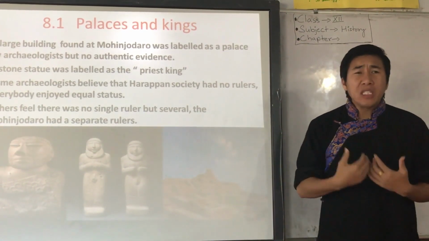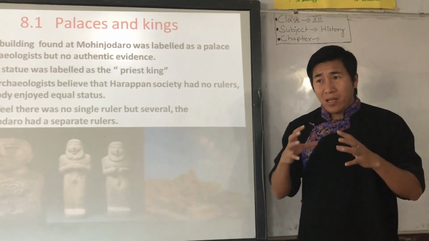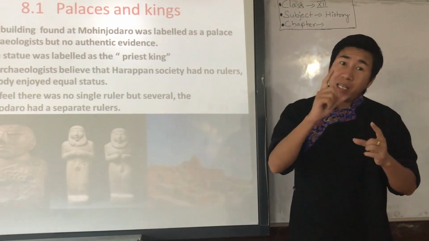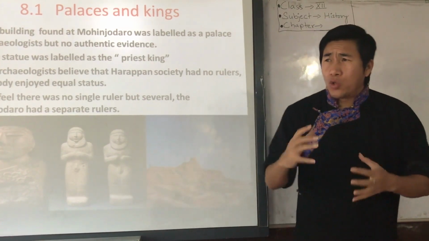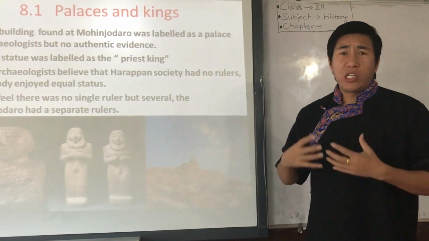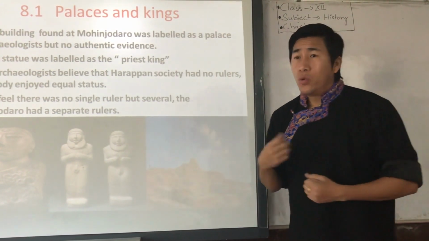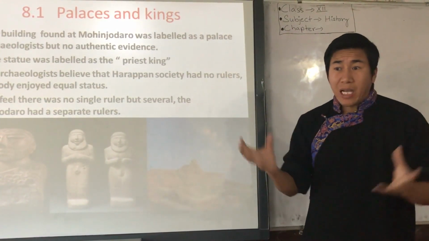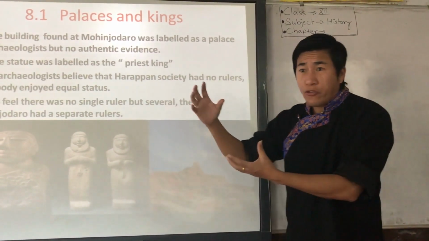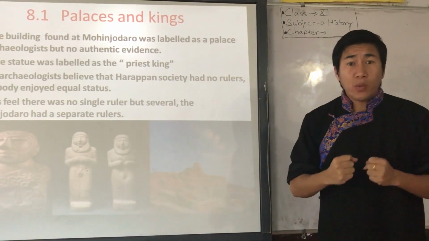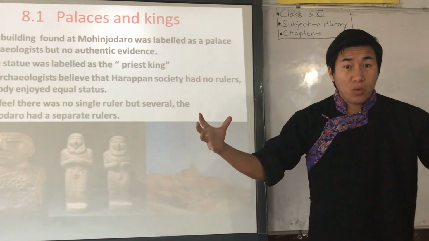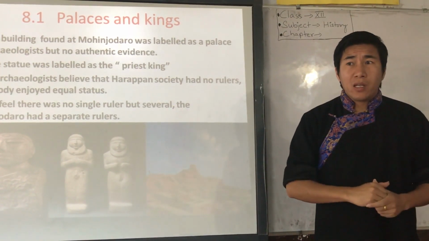But according to me, the Harappans had only a single ruler. Why? Because of business relations, long distance trade with Mesopotamia, town planning, and brick size. Looking at all that proper arrangement, it is very difficult for many rulers to make decisions, because there must be one.